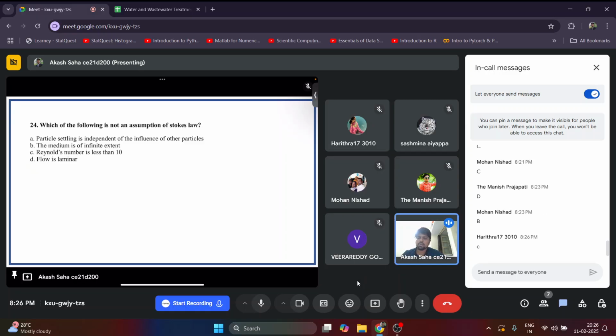Option C. Okay, Reynolds number less than 10. Then can you make it correct? What is the correct assumption, Haritra? Any idea? Reynolds number should be less than what?